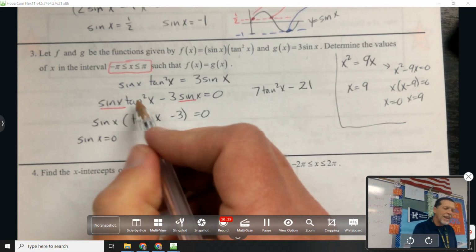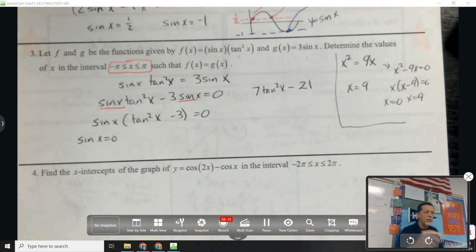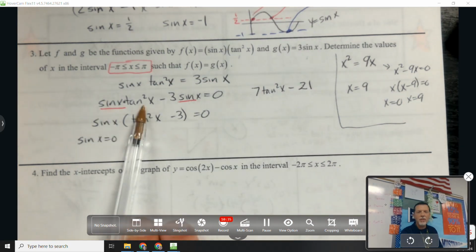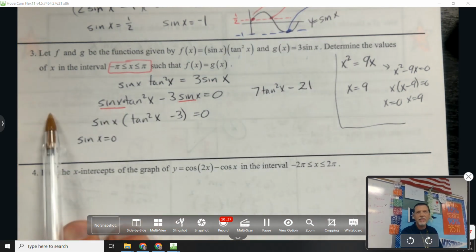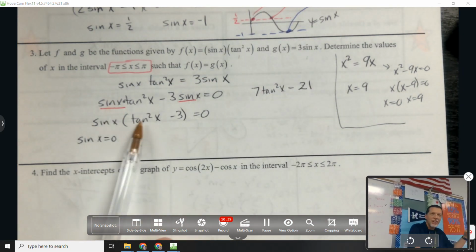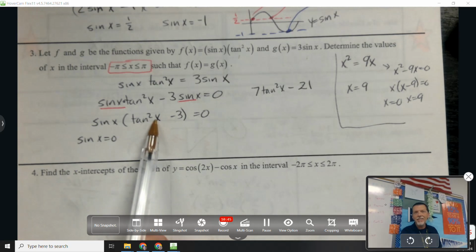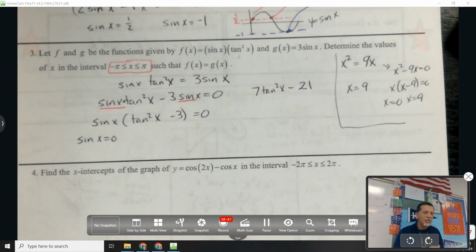Okay, I'm not taking it out of the tangent. You could do that. That would be crazy. It wouldn't be wrong. It would be weird to do that. It's already sine times tangent, so I'm going to pull the sine off of that. Not out from the tangent. You got it? Yeah. There's still a sine over cosine in there, yes. I didn't take it from the tangent. I took it from this term.